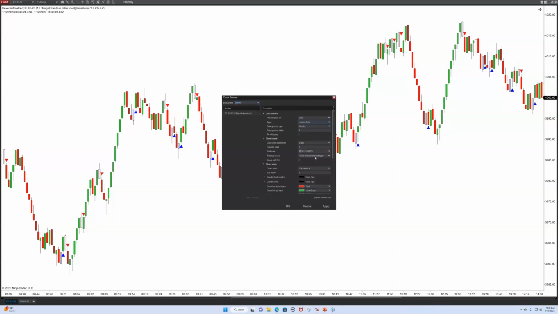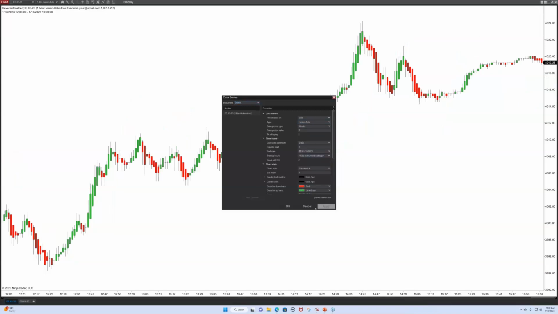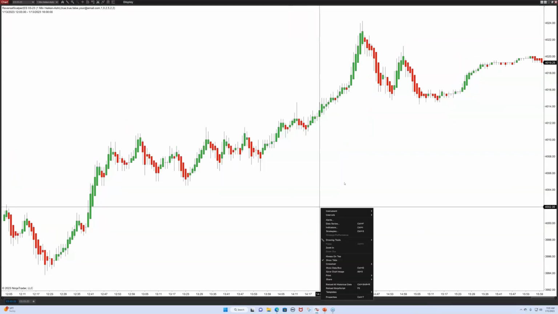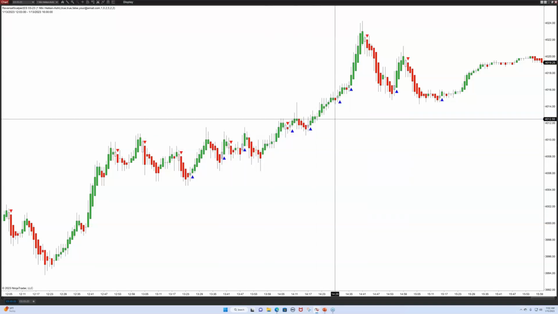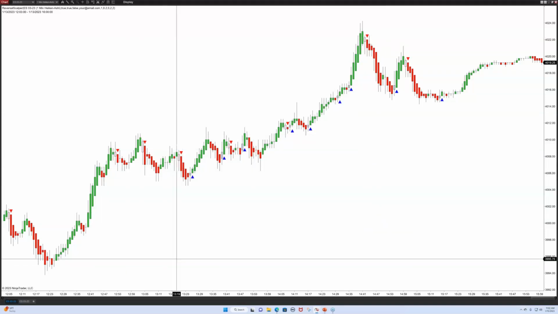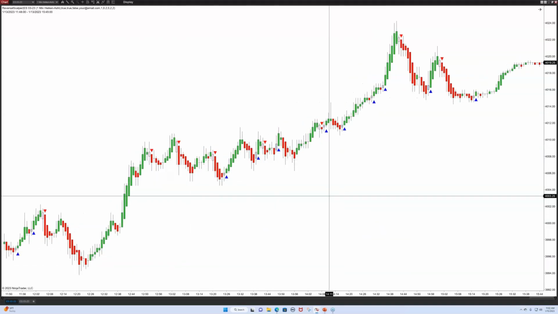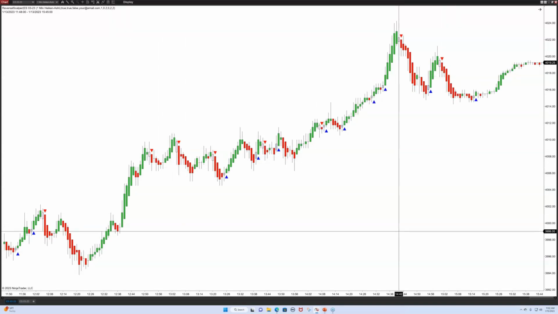I'm not asking you to change your chart type by any means, but if you're on a different chart, a Heikin-Ashi chart for example, set it at 0, okay? That's giving you better swings to deal with. So it really depends on the chart type that you're using.